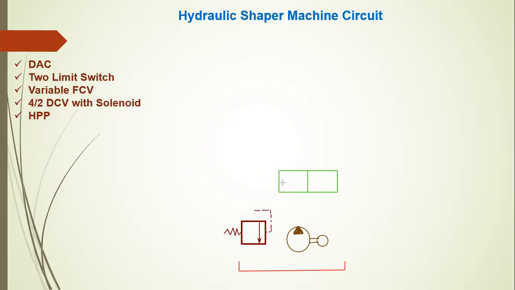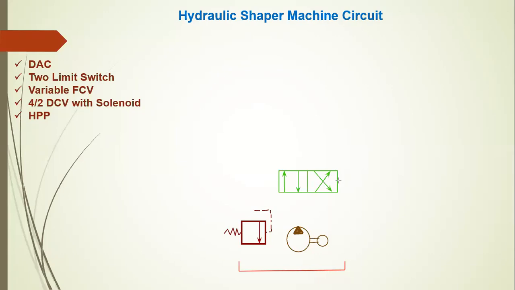In the first position, give parallel in and parallel out condition, and in the other position give cross in and cross out condition. Then, operated by solenoid, give the both-side solenoid operating condition.